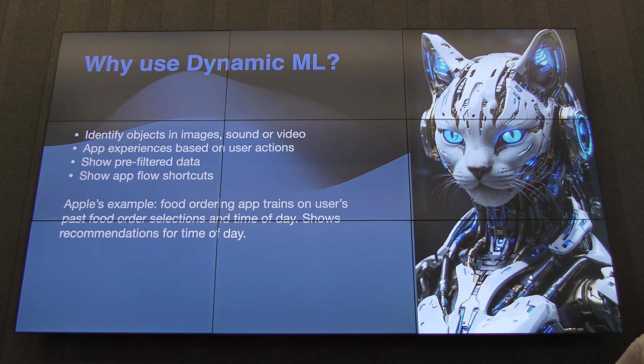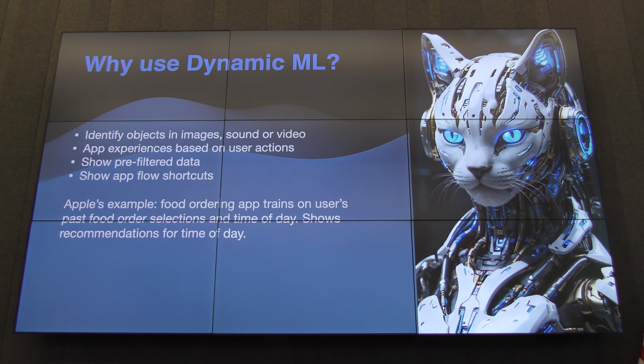You can actually have app experiences that evolve based on how the user is using your app. And that's a strategy that I'm going to show in the demo. You can show pre-filtered data based upon that. So in other words, how does that manifest itself? You can take large amounts of data and just push it down to things that are important.